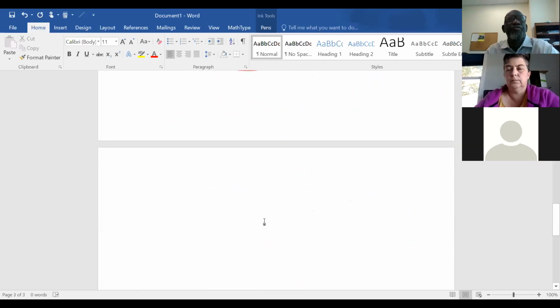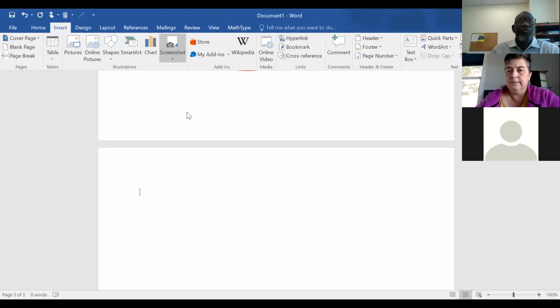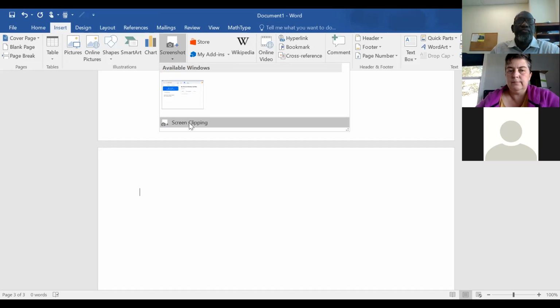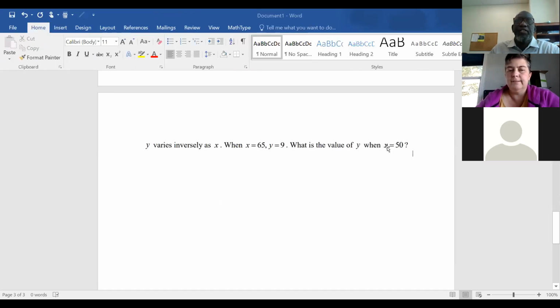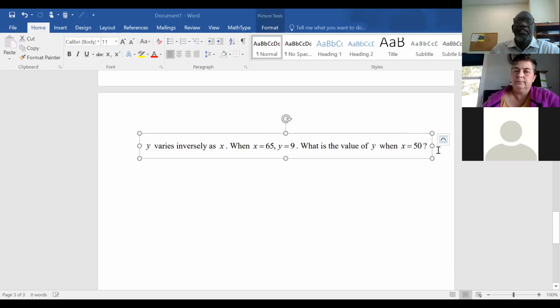So, for instance, let's pick another example right here. Y varies inversely as X, okay?